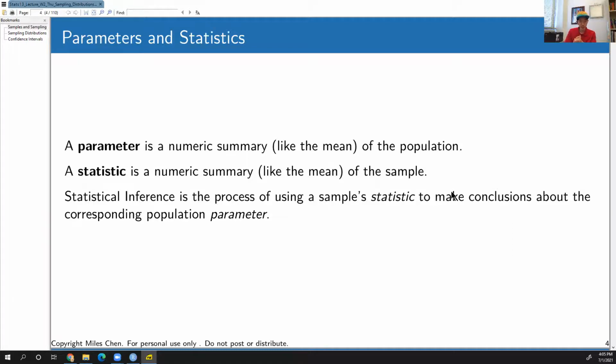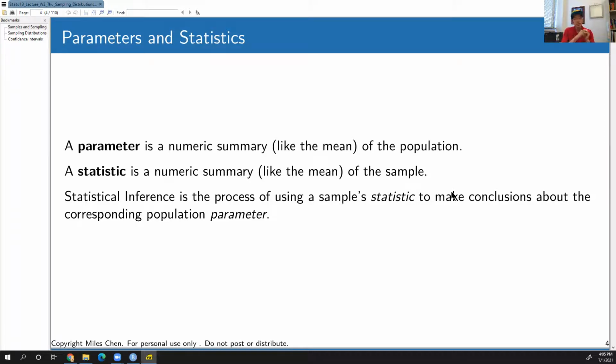When we're trying to describe the population, and when we try to describe our sample, we'll use terms like the mean of the population is this, and the mean of the sample is this, and the standard deviation is this and that.